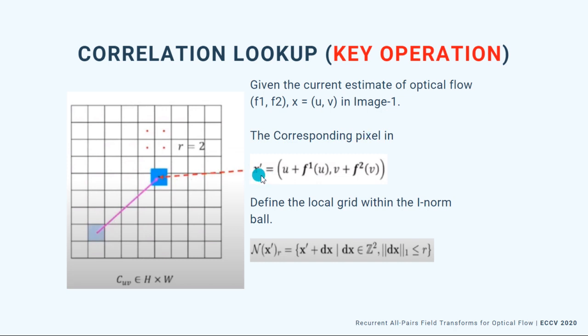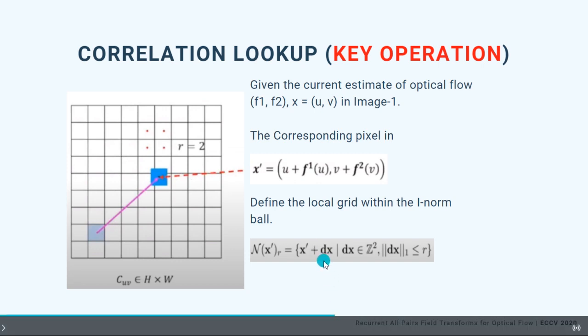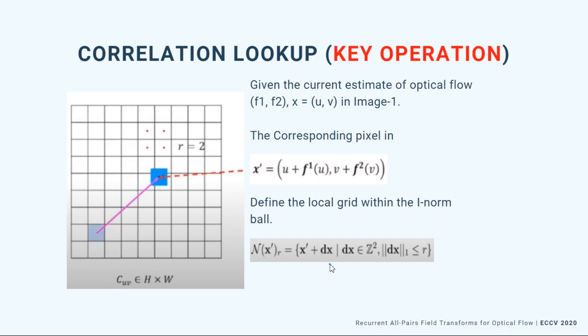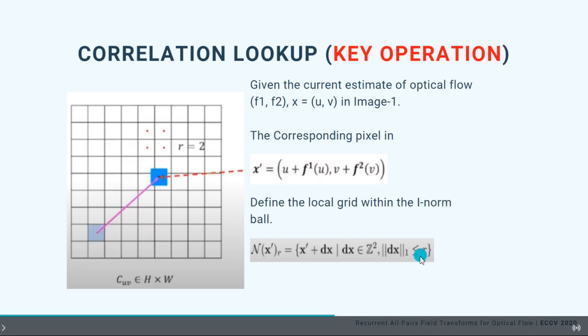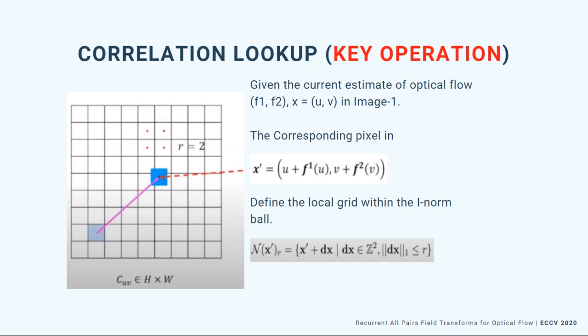So after we have x prime, we define a local grid around x prime as x prime plus dx, where dx is an integer, and the norm of dx should be less than or equal to r. This means that the local grid should be limited by r.